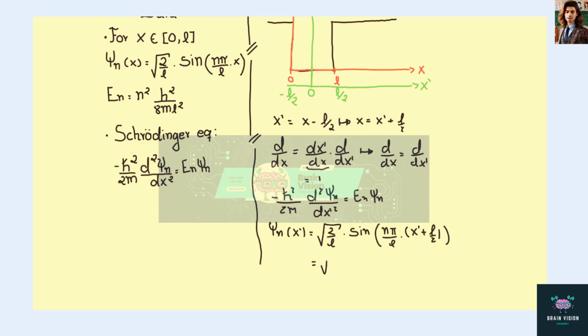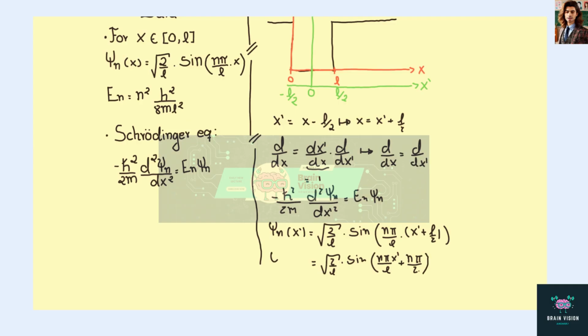Then we can write it as the square root of 2 divided by L times the sine of n pi x prime divided by L plus n pi over 2L times L. The L cancels out, and we have only this term, and that's it.